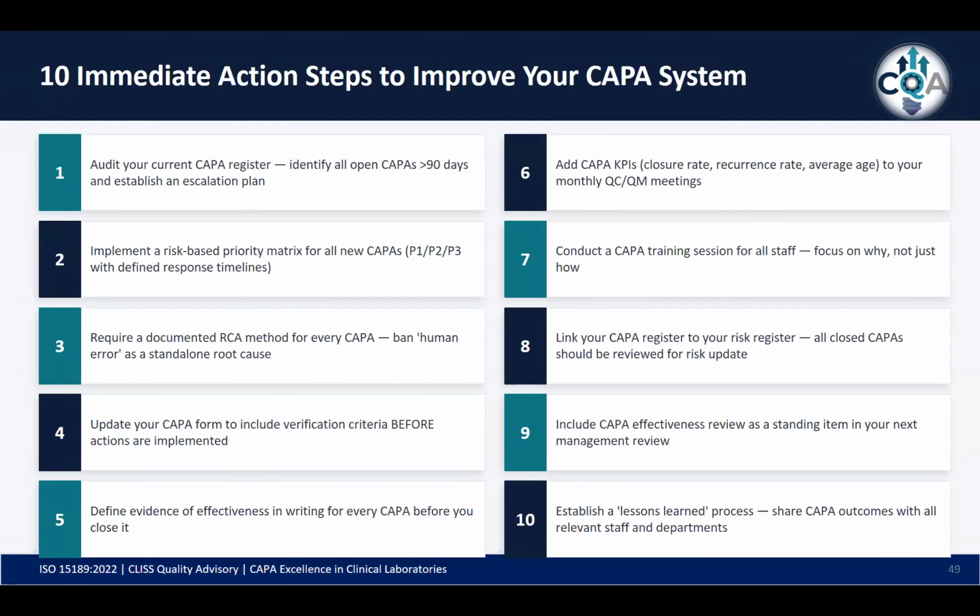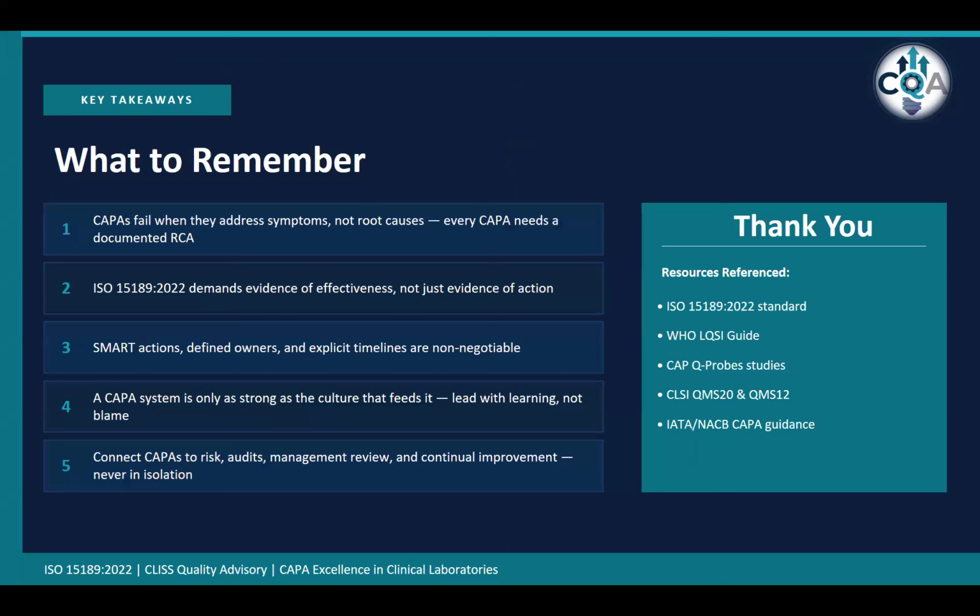So you're reporting on effectiveness and you're reporting on KPIs, summarizing to top management how your system is performing. And then establish a lessons learned process, sharing the outcomes with all relevant staff and departments in quality management meetings. That way, you'll be able to promote the just culture.